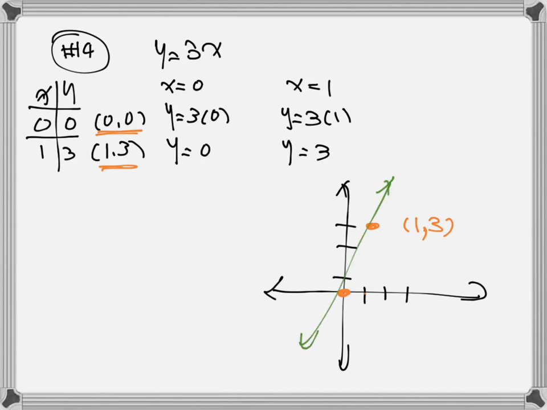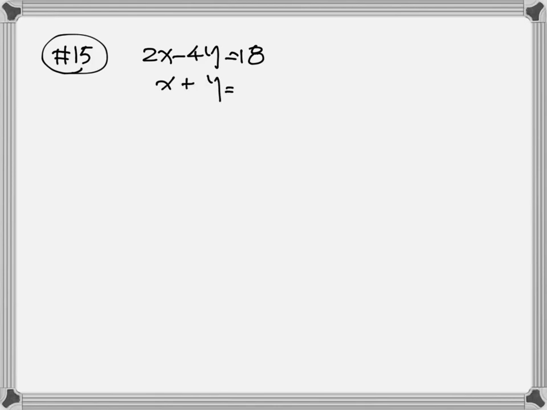Okay, now let's look at number 15. Number 15, we have 2x minus 4y is equal to 18. Then here we have x plus y is equal to 2.